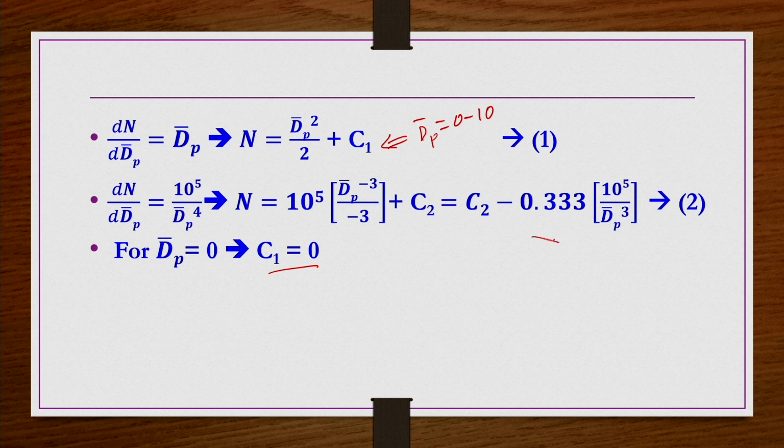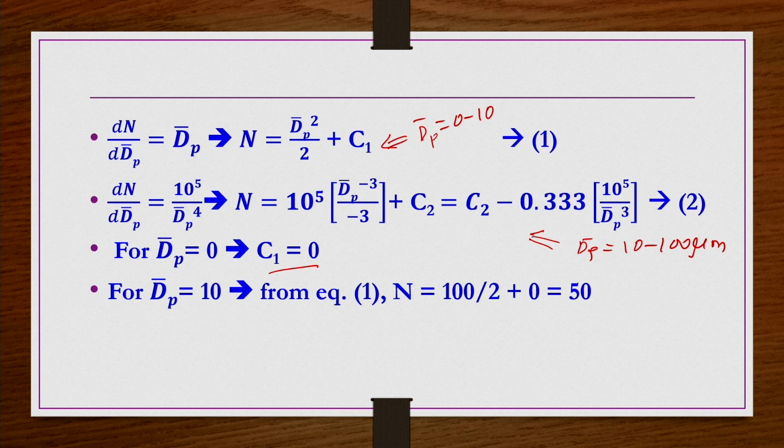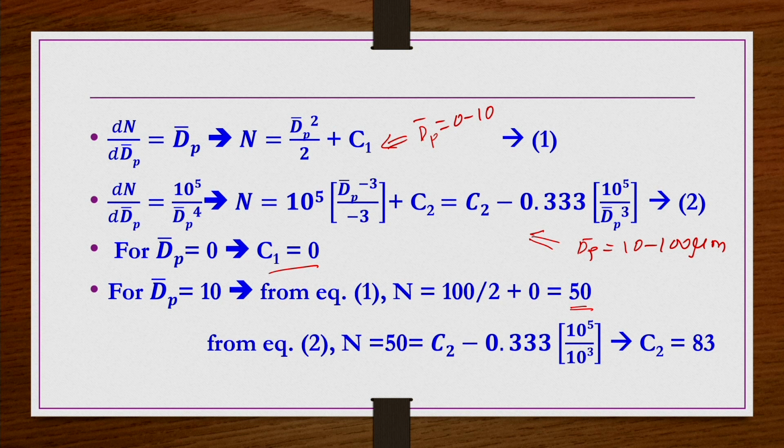This second equation is valid for dP bar 10 to 100 microns. So, for dP bar 10, from equation 1 you get n is equal to 100 by 2 plus 0, which is equal to 50. At dP bar equal to 10, equation number 2 is also valid. So, n is equal to C2 minus 0.33 times 10 power 5 by 10 cube, and n we already got as 50 from equation number 1.